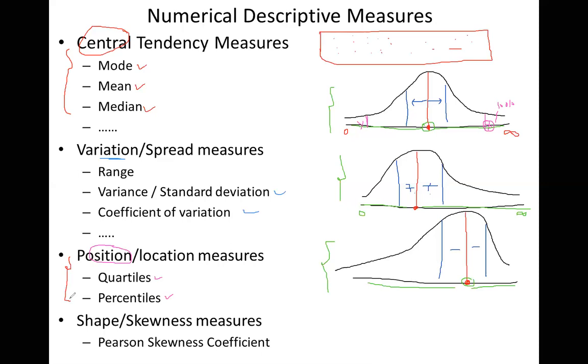The next part of that lecture will be another video describing the variation measures and the skewness coefficient measures. Okay, so now we can start. First, how to calculate the measures that we have.